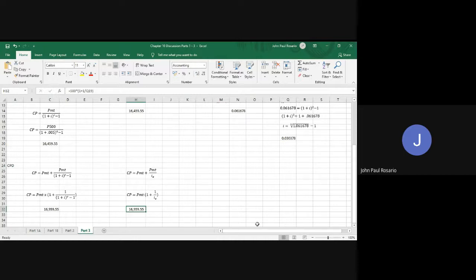I have already trained you on that. If you want to recall how to transform formulas, for example, when payment is unknown, or when the interest rate is unknown, you may go to our previous videos on annuities, where the transformation of formulas was discussed.